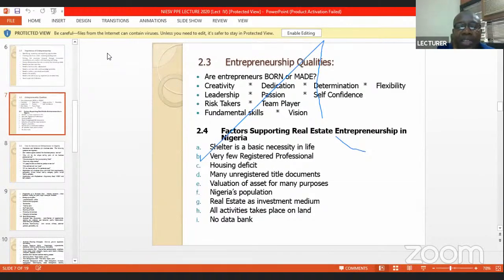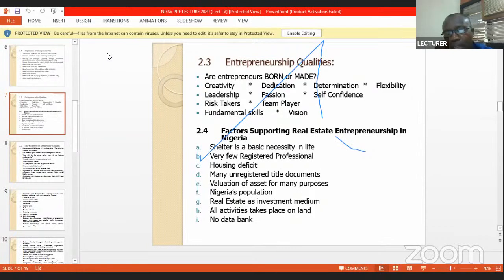Number three, housing deficit. The United Nations, World Bank, and other organizations that have to do with habitat have all pointed out that the housing deficit in Nigeria is on the high side.